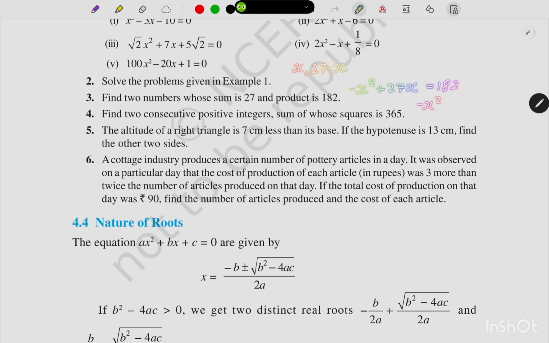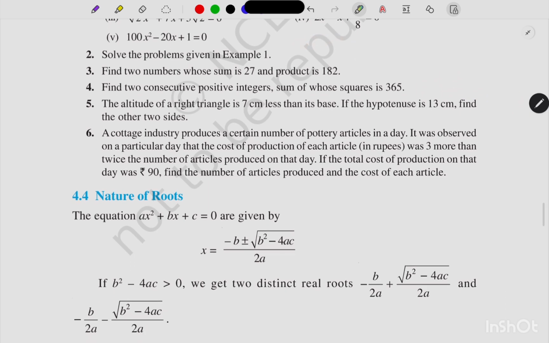That is minus x square plus 27x minus 182 equal to 0. Multiply both sides with minus 1, you will get x square minus 27x plus 182, and this shall be 0. You can solve this.